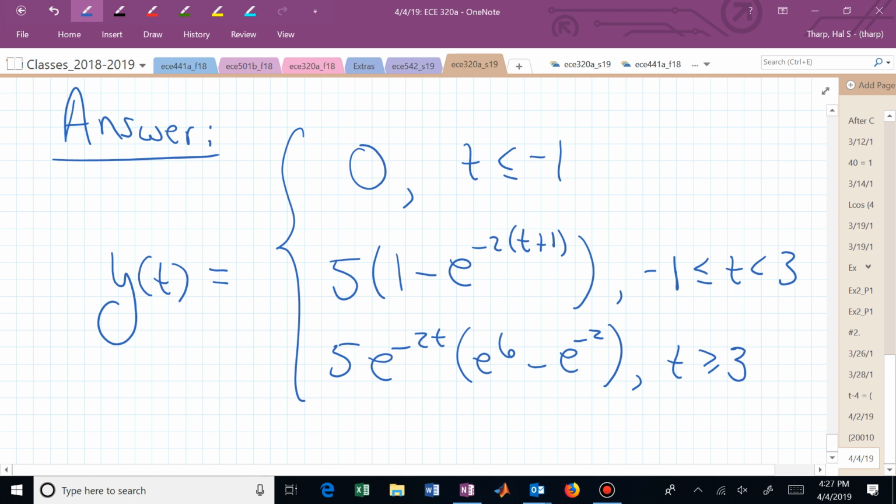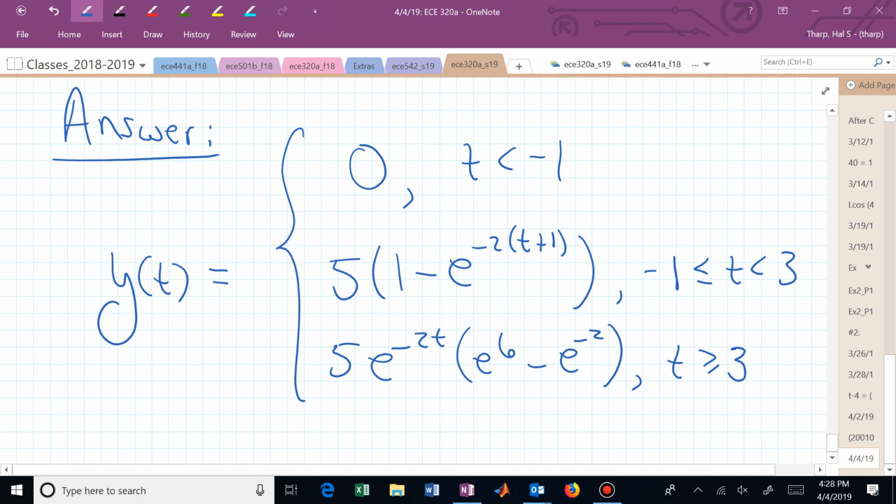Yes? The question was, where did this come from? That inequality or equality. This convolution is a continuous process. So in fact, if you evaluated these functional forms at minus 1, it better be giving you the same answer.